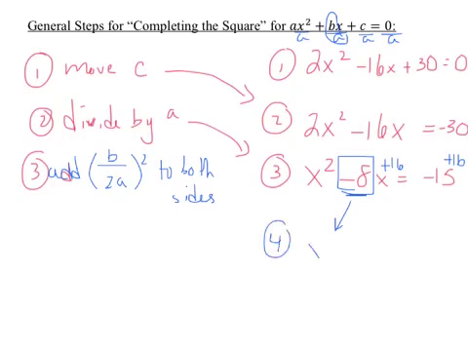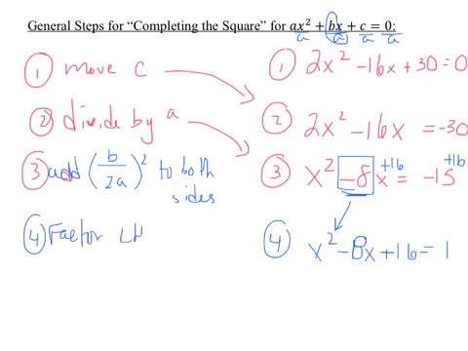This gives us the equation x squared minus 8x plus 16 equals 1. And at this point in time, we're going to factor the left-hand side. Okay, factoring the left-hand side. And we're going to notice that it factors as a perfect square binomial, always. And this happens to be x minus 4, x minus 4.